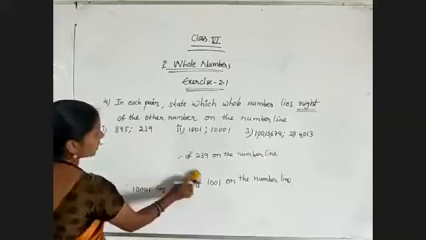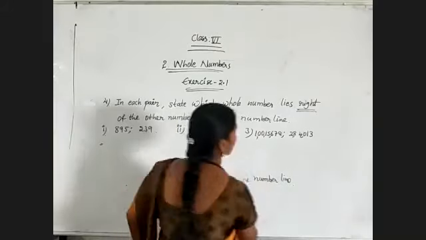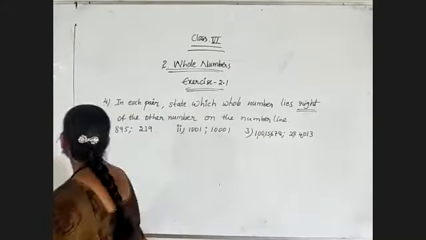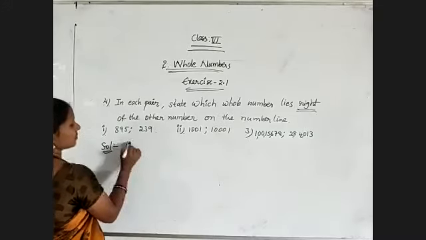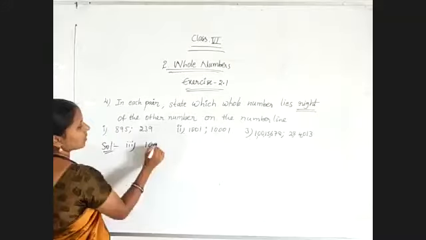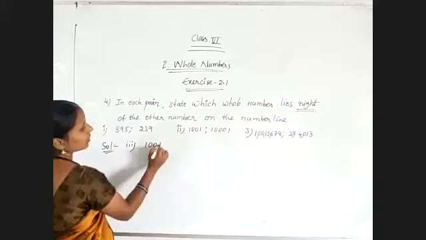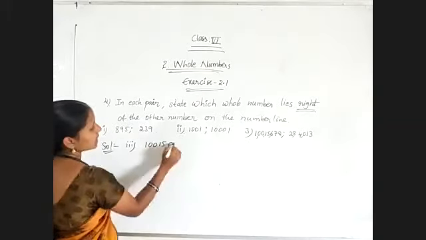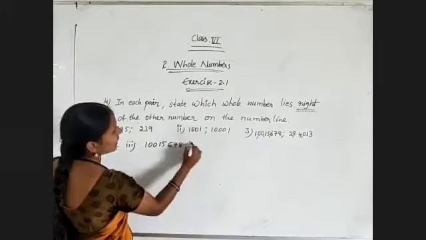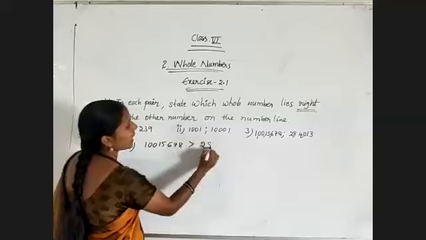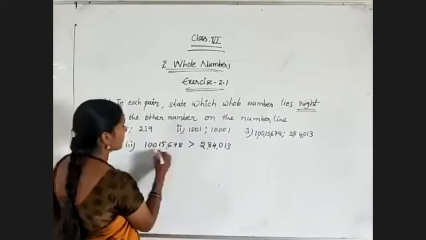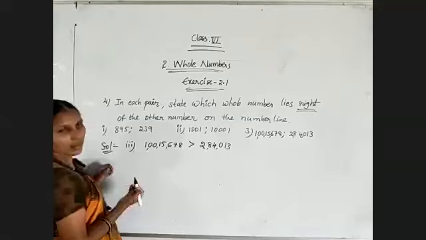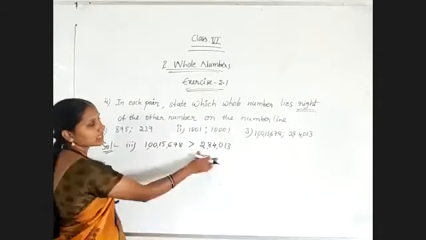So observe the third question also. We'll finish. And for the third question, 1,15,678 is greater than 2,84,013. Here 8 digits and here 6 digits.